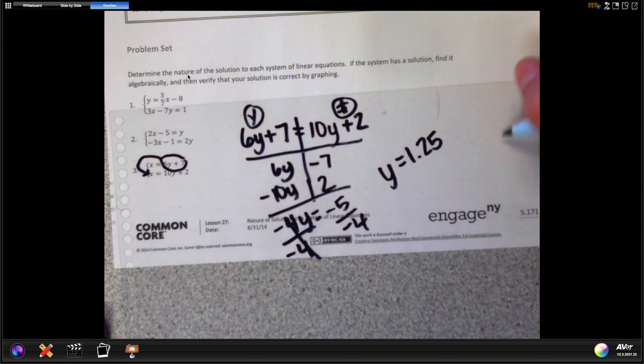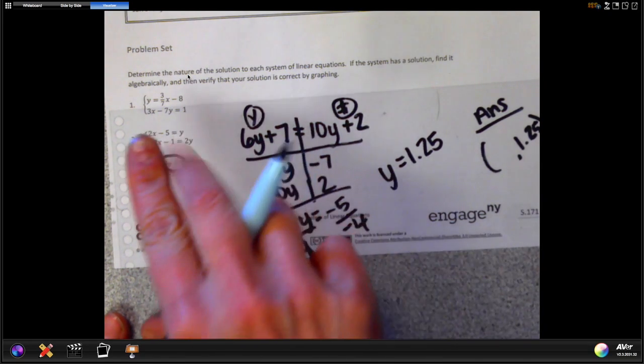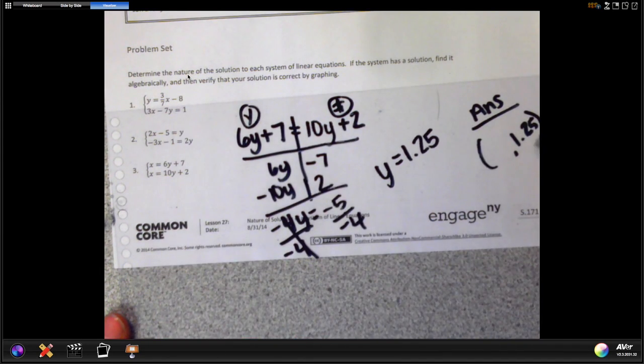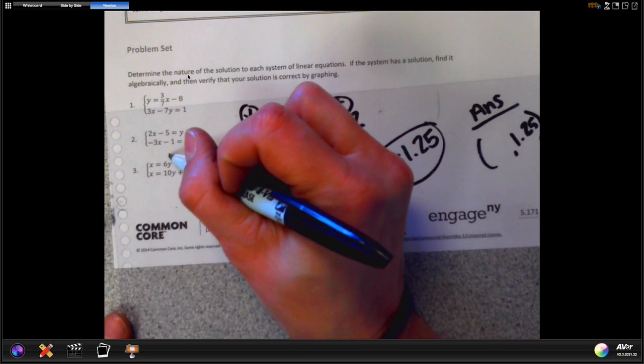So in our answer now, remember this is an ordered pair, x comma y, the y value is 1.25. Now we have to find x. So we're going to go back to our original equation over here, and we're going to substitute 1.25 in for y.